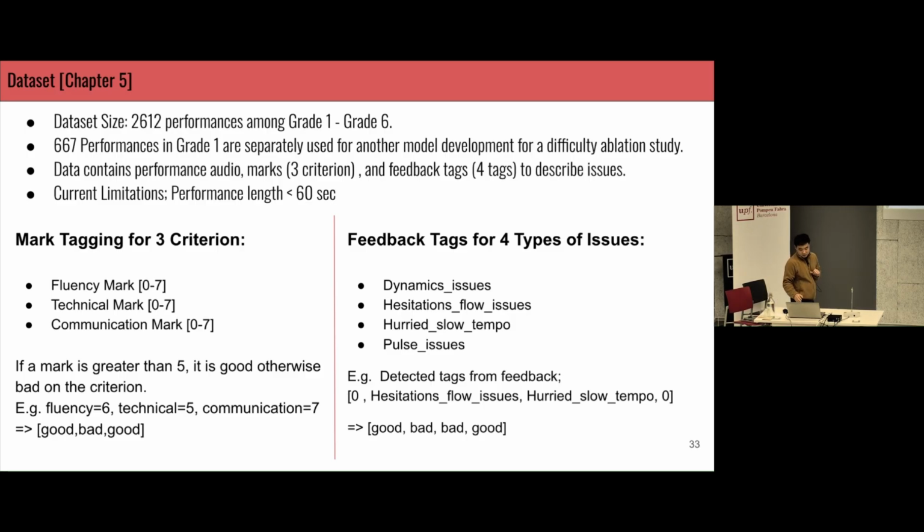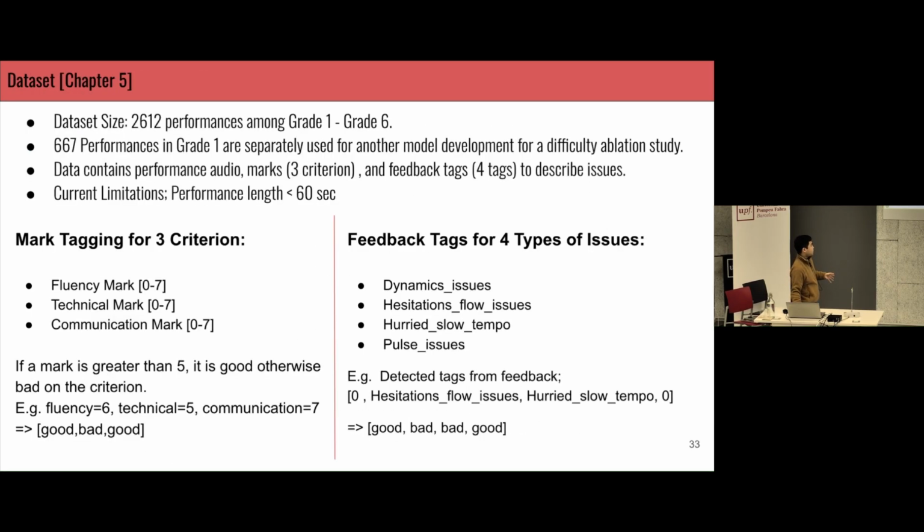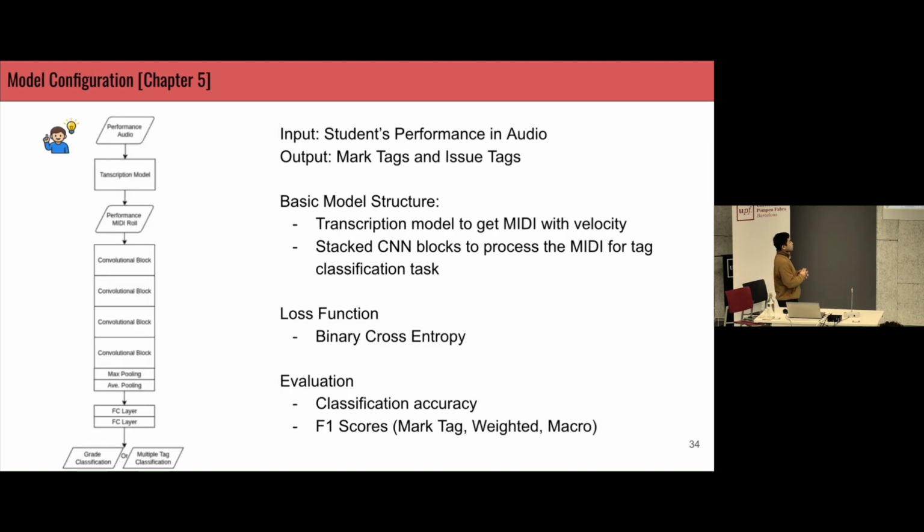So all tags are also binarized. If a tag is detected, it is considered bad. If there are no tags, it means good. And this is the model configuration. Input is student performance audio, and output is mark tags and issue tags.